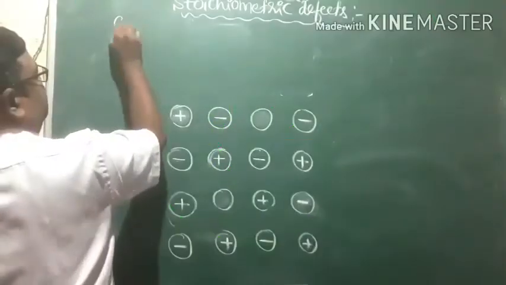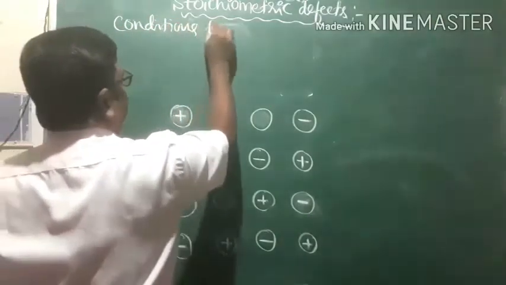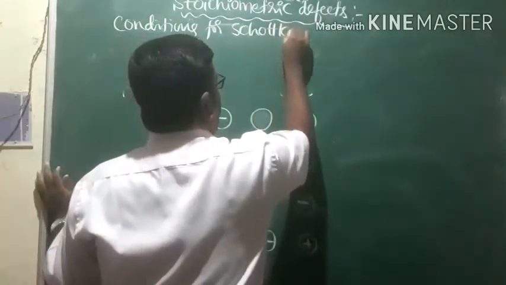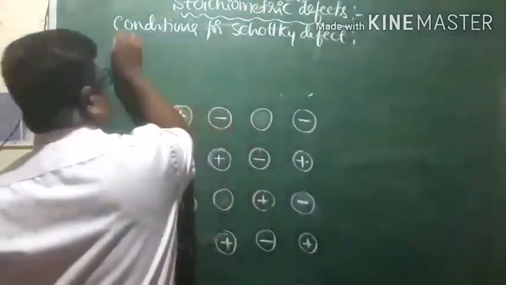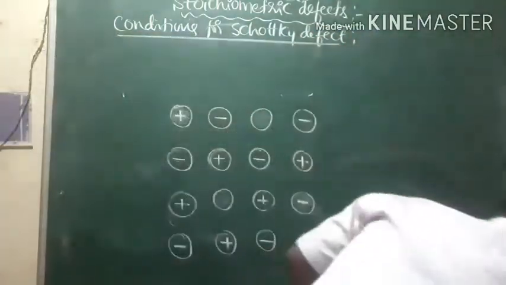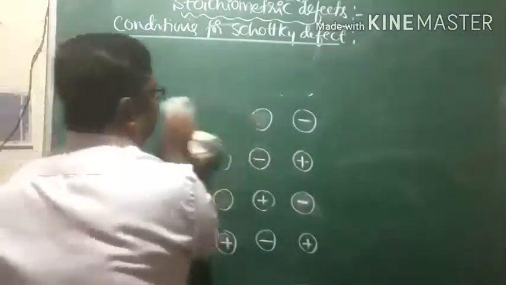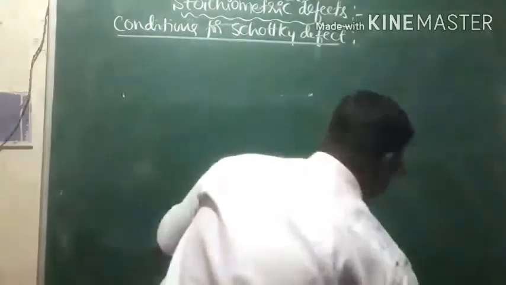We'll see that next: conditions for Schottky defect. Under what conditions does Schottky defect result? What kind of ionic crystals will show this defect called Schottky defect?